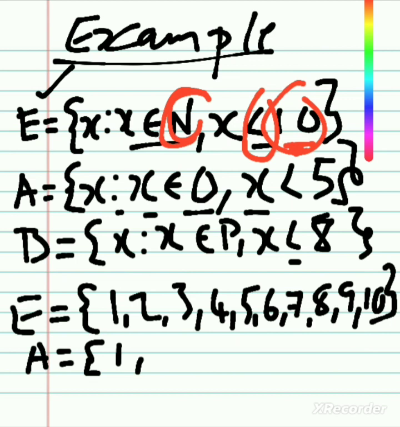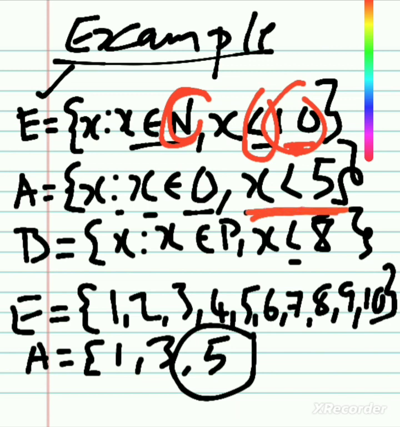So 2 is not an odd number because 2 divided by 2 is 1, remainder 0. So the next odd number is 3. The next is 5. But 5, you won't include it because here it says x is less than 5, meaning that the numbers that are listed are those smaller than 5. If there was this symbol with the bottom line equal to, you could have included 5.